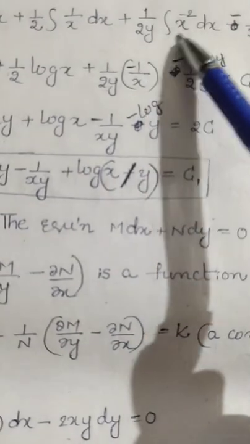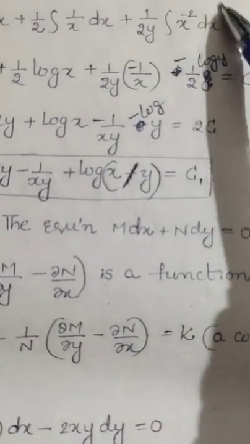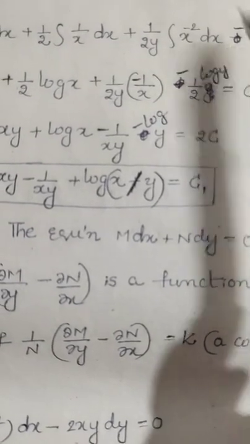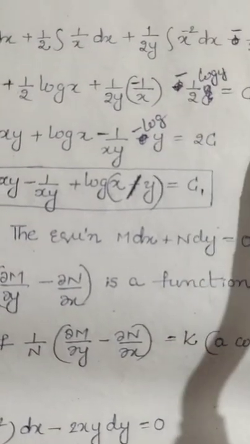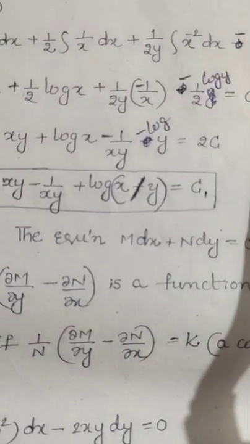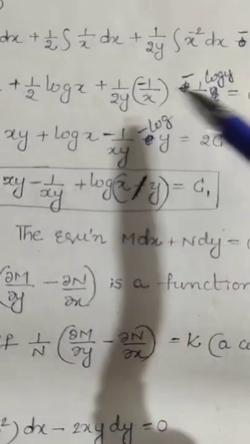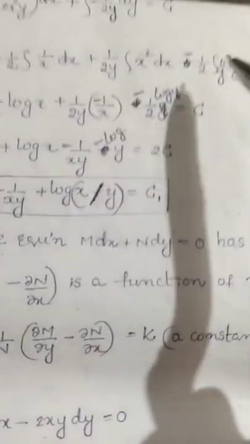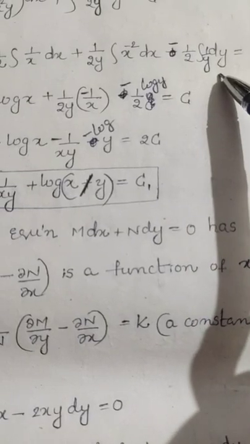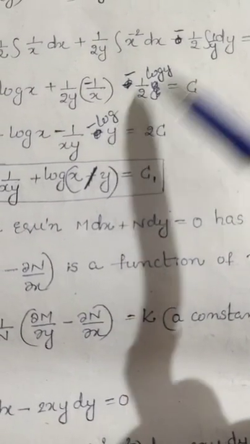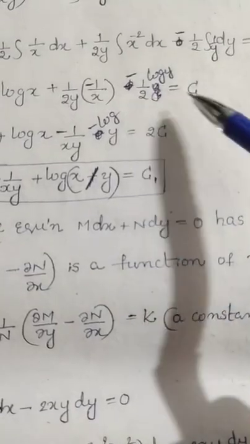So here we get x to the power minus 2 plus 1 divided by minus 2 plus 1, that is x to the power minus 1 by minus 1. x to the power minus 1 can be written as 1/x, so we get minus 1/x. Then minus 1/2 common, the integral of 1/y dy is log y, equal to c.